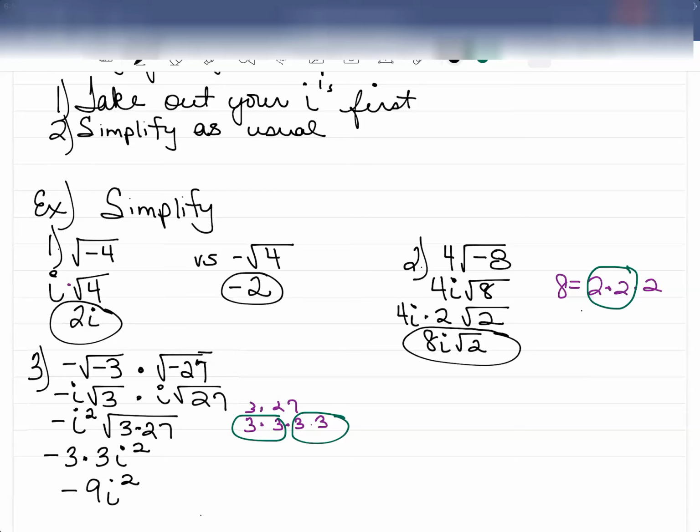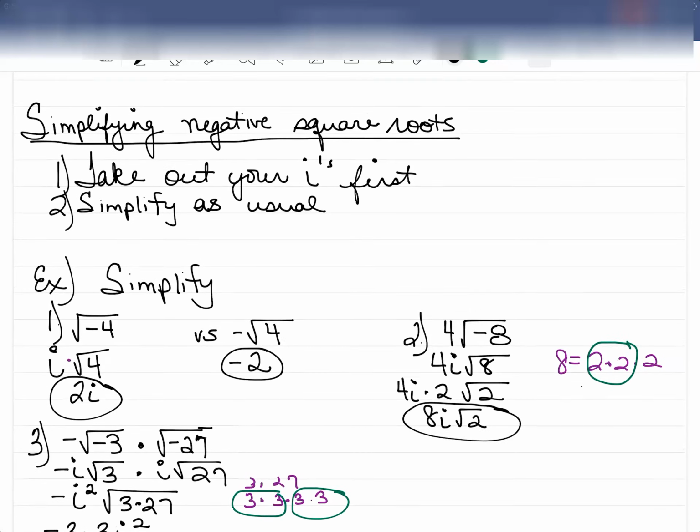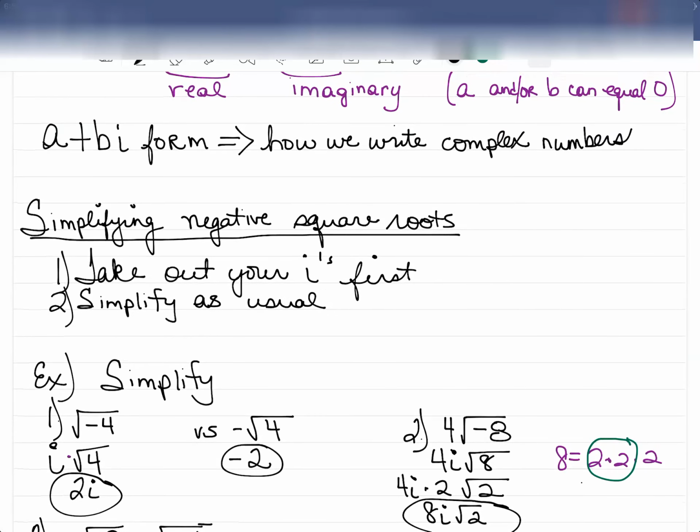I squares, we can't leave those i squares there. I should have put a mark on here. Let's go back and add a comment. i squared is negative 1.